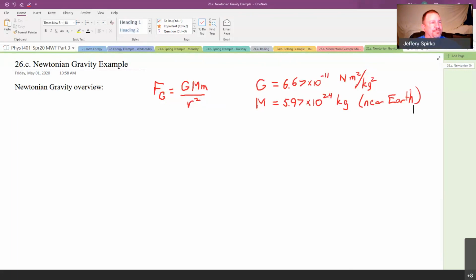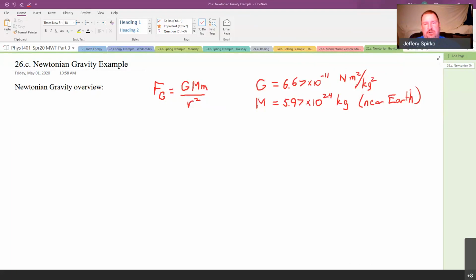And one of the important things about Newtonian gravity is that the distance value we use is not as flexible as what we're used to. We're used to the idea of being able to set y equals 0 wherever we want, and we can't do that with Newtonian gravity.